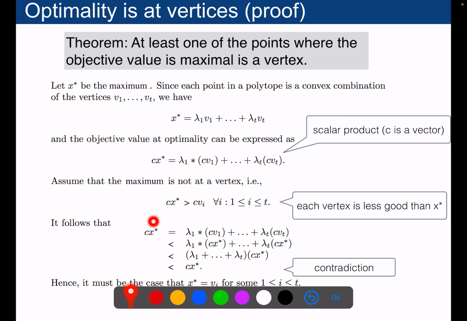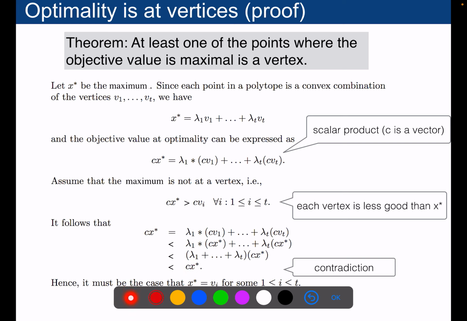Okay, c times x star. x star is my solution that I assume is the optimal one, but it's not a vertex. Then it is less good than lambda 1 multiplied by c x star plus and so on, plus lambda t c x star. Okay, if I factorize c x star, I've got this, and by definition of a convex combination, I know that the sum of the lambdas will be equal to 1, and so I've got c x star less than c x star.